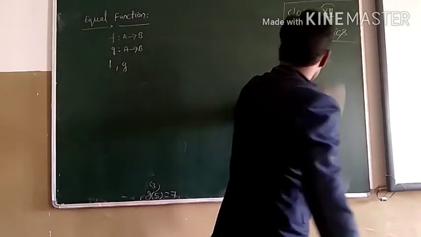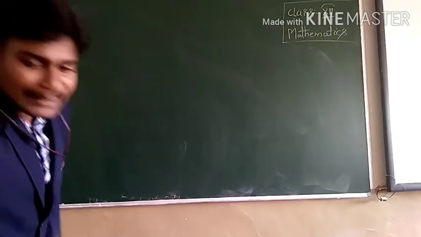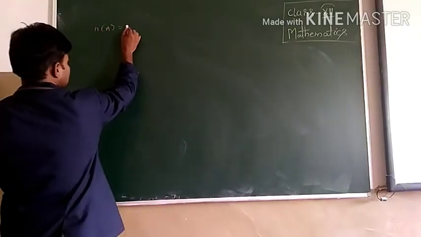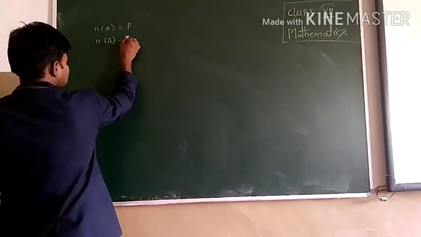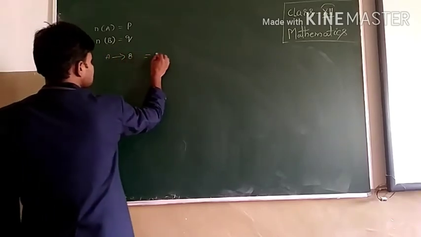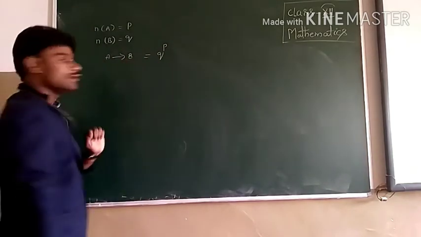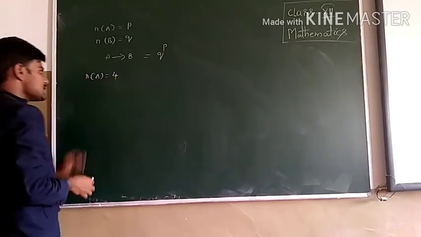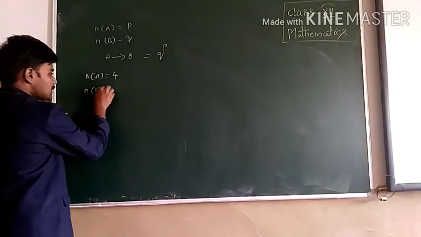Next, one important point: suppose set A has number of elements n(A) equal to P, and set B has number of elements Q. Then the number of functions from A to B is Q power P. For example, n(A) is equal to 4, meaning the number of elements in set A is 4, and the number of elements in set B is 3.